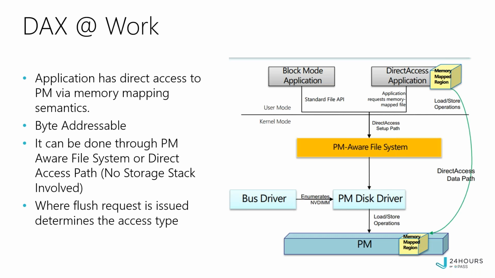So a little bit in depth, what DAX is. It's basically an application that has direct access to the memory. So we have a memory mapped region, and the path is very short.